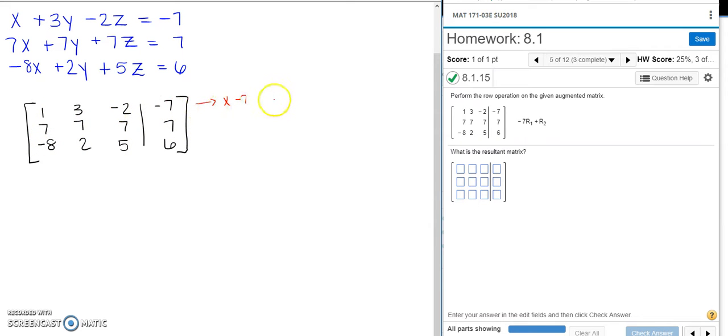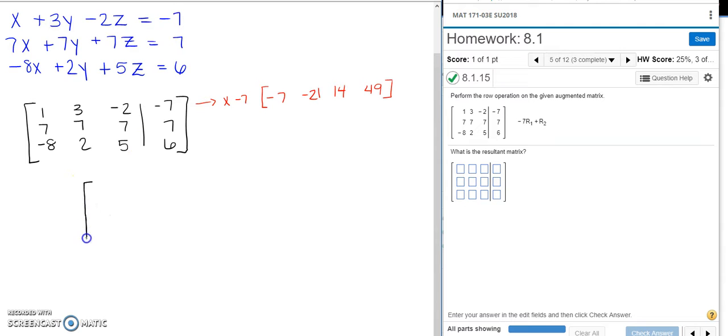So row 1 times -7 would be -7, -21, positive 14. Lord, I need more coffee. And positive 49. So we're going to take this and add it to row 2, and we rewrite the new matrix.